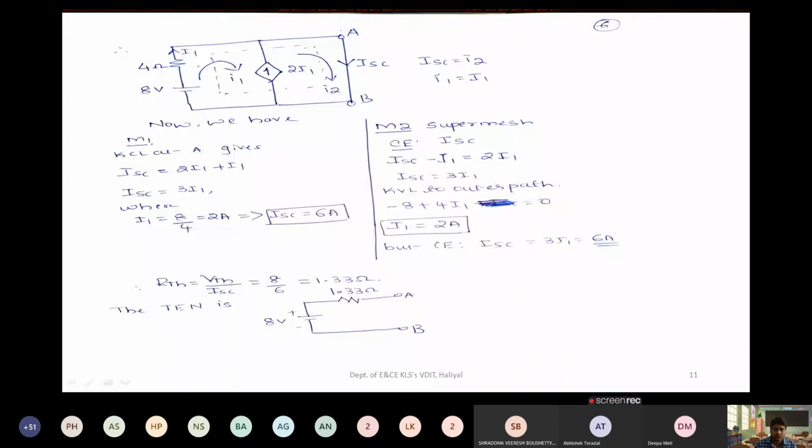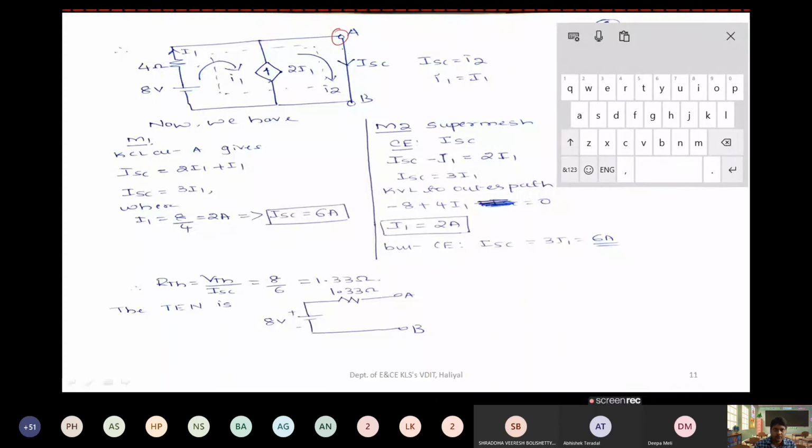We have I short circuit, which is outgoing, 2 times I1, that is an incoming current, and I1 is one more incoming current. So I short circuit will be equal to 3 times I1.